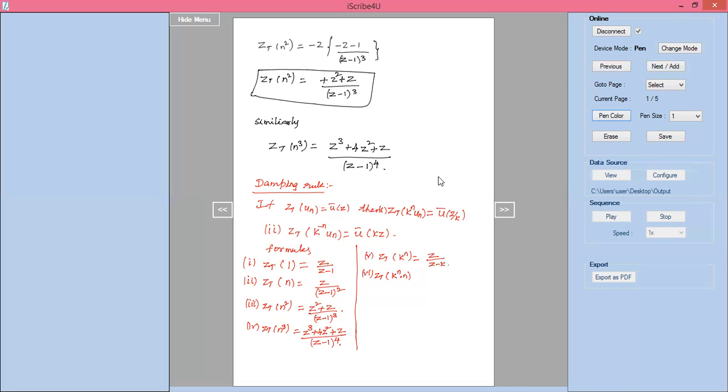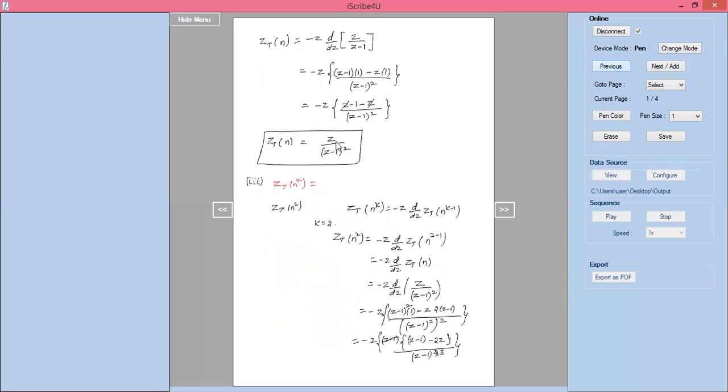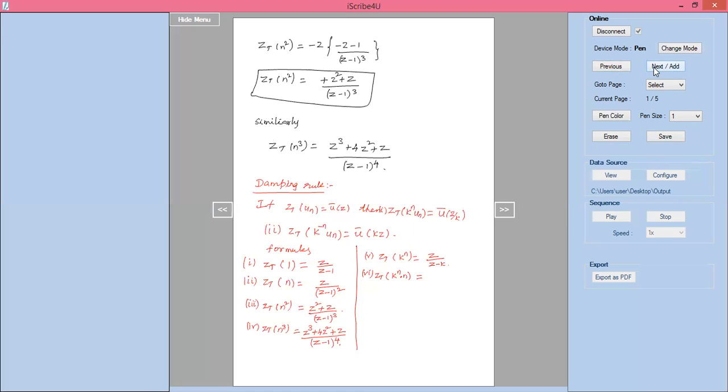The n formula we already know: Z by Z minus 1 whole square. Replacing it, the Z transform of k power n into n is nothing but kZ divided by Z minus k whole square.